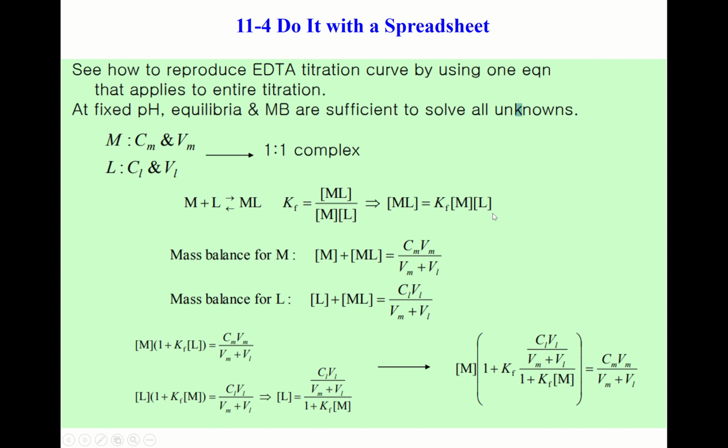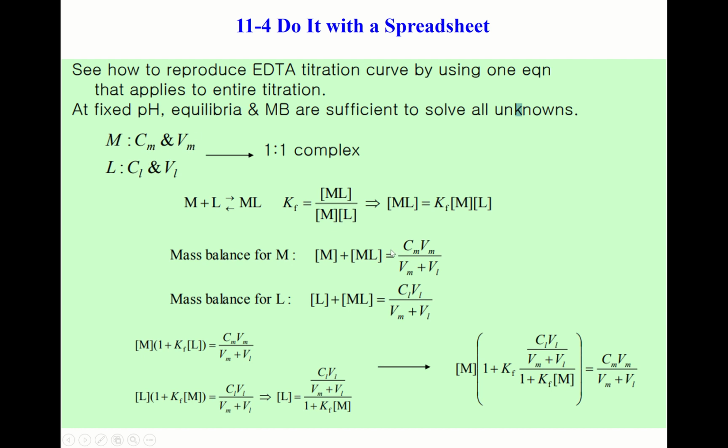And we apply the mass balance for metal and also for ligand. For metal, the total metal concentration, including free metal ions and metal-ligand complex, is given by this equation. Since we started initially with the metal ion, the initial concentration is Cm and the volume is Vm.